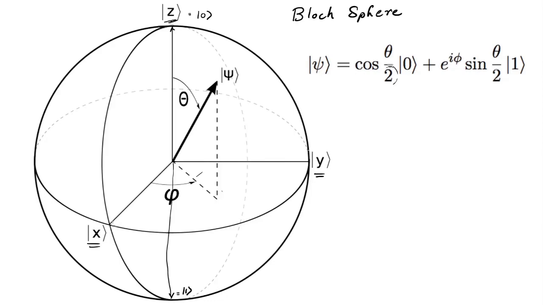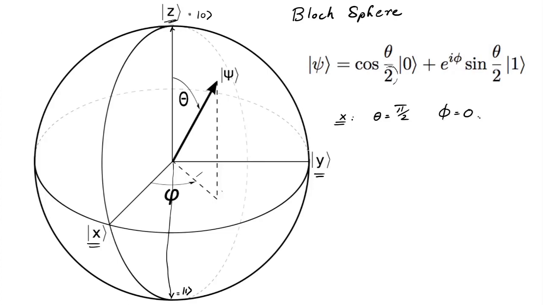Okay, what about the x-axis? What state does it represent? Well, for the x direction, we have theta equal to pi over 2, so now our angle with the vertical is pi over 2, and we are assuming phi is equal to 0.